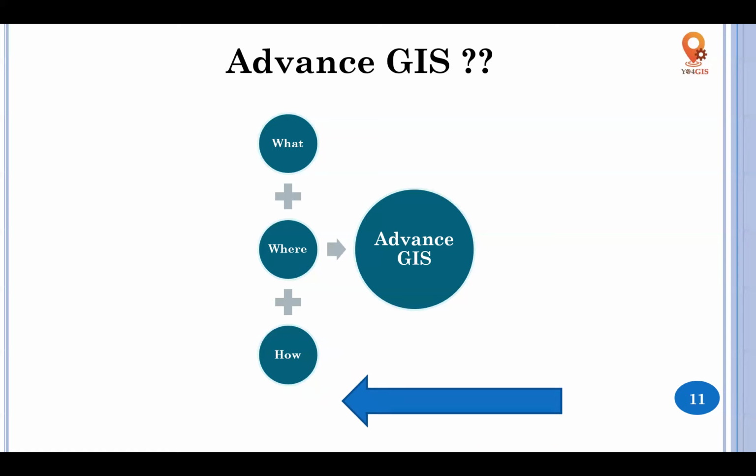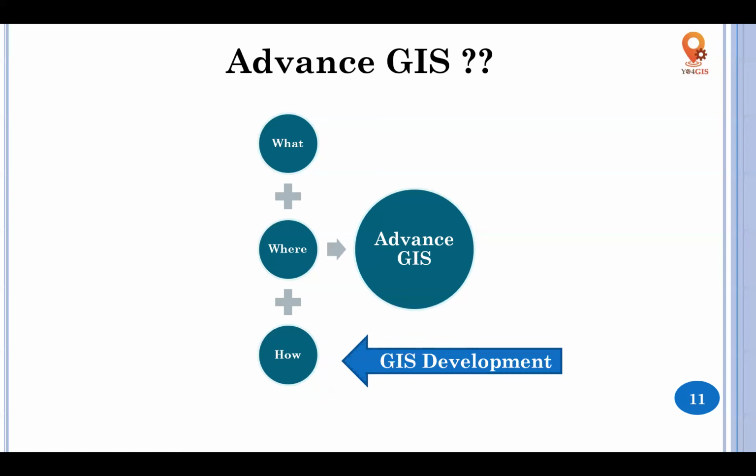But now the question is what? Now the time is how we can utilize this data. Whenever the question how comes into the picture, then GIS development entry will happen. So how we can utilize the data, get the result, do the analysis, for that GIS development is useful.